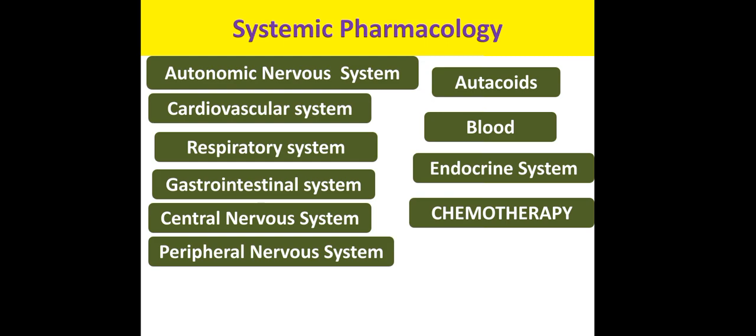That's why I have written it in capitals. If you look at the diseases prevalent in society right now, a major part consists of, one, lifestyle disorders and, second, infectious diseases. For the treatment of infectious diseases, the drugs we use are those that kill or inhibit the growth of microorganisms, and that comes under the heading of chemotherapy.